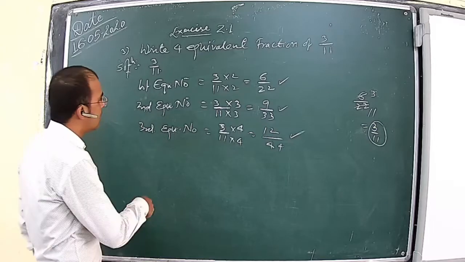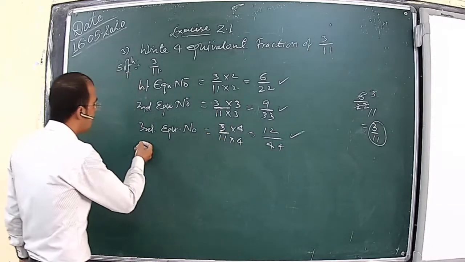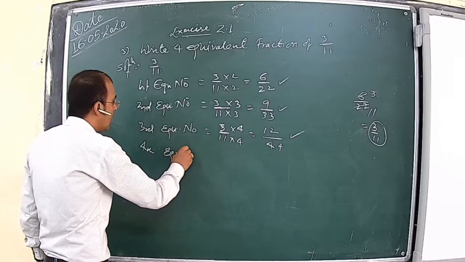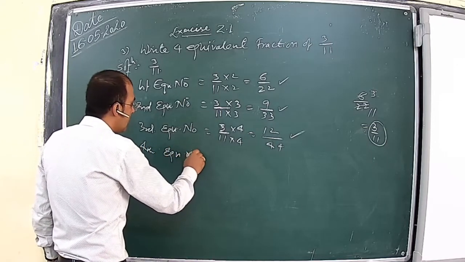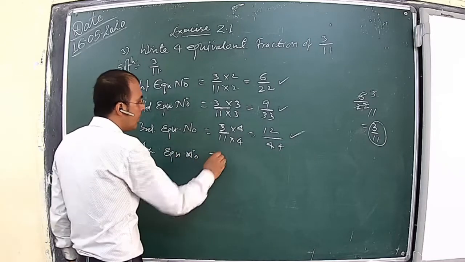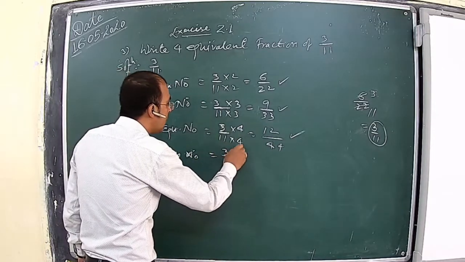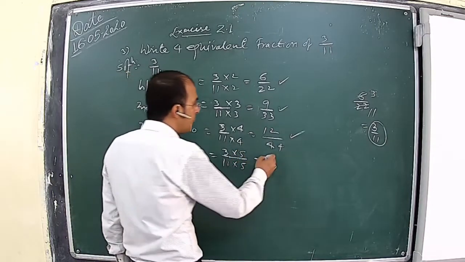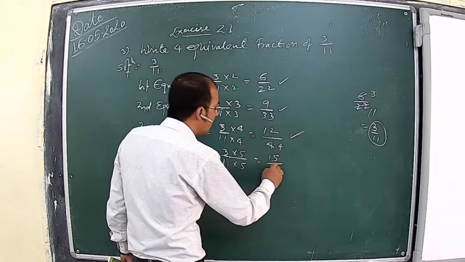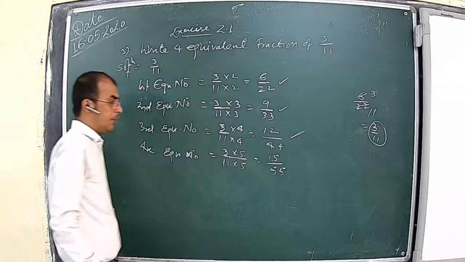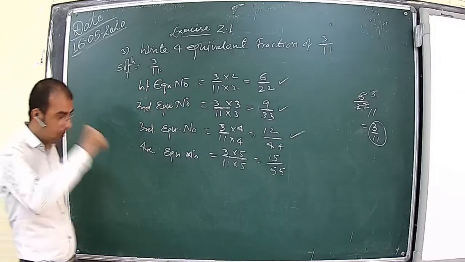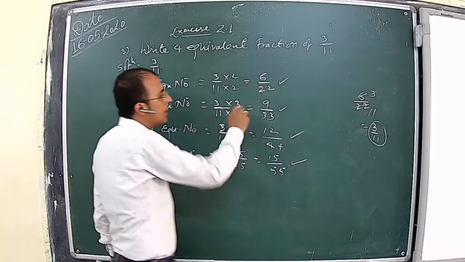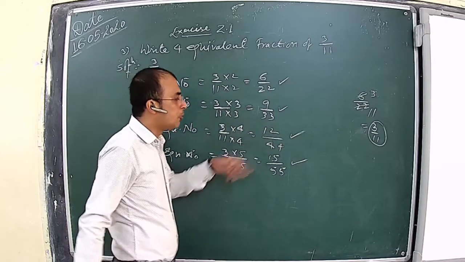Now fourth one I am going to find. Fourth equivalent number means fraction will equal 3 by 11 multiplied by 5, multiplied by 5, numerator and denominator both. So 3 times 5 is 15 and 11 times 5 is 55. Is it clear?